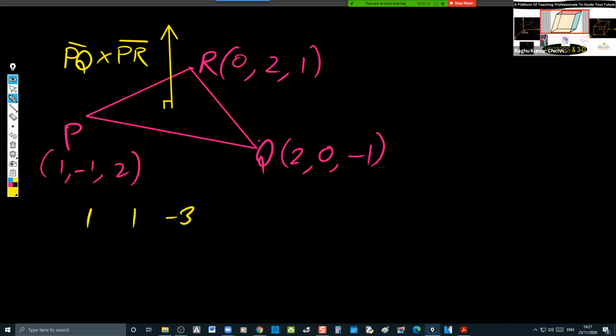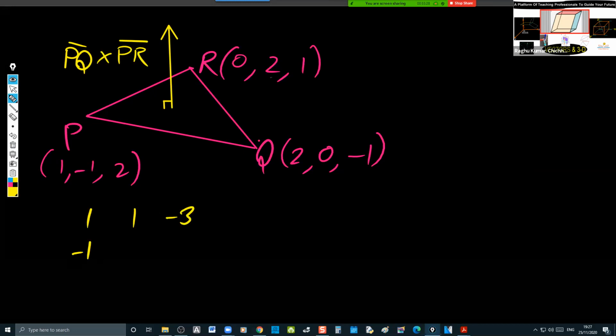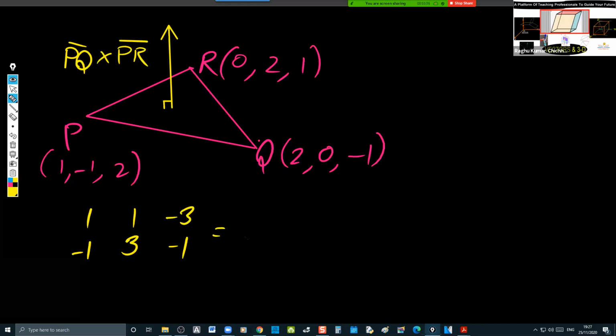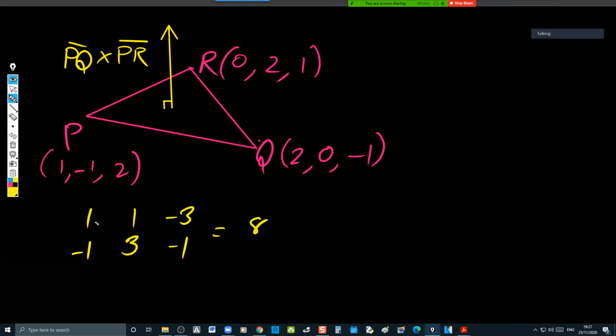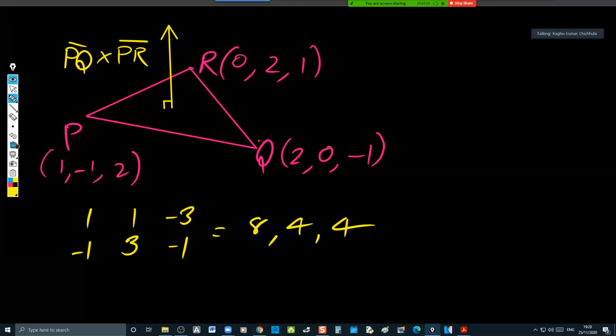So that is 0 minus 1; 2 plus 1, 3; 1 minus 2, minus 1. Minus 1 plus 9, 8. And it is 3 plus 1, 4. And it is 3 plus 1, 4. These are the DRs of the normal to the plane: 8, 4, 4.